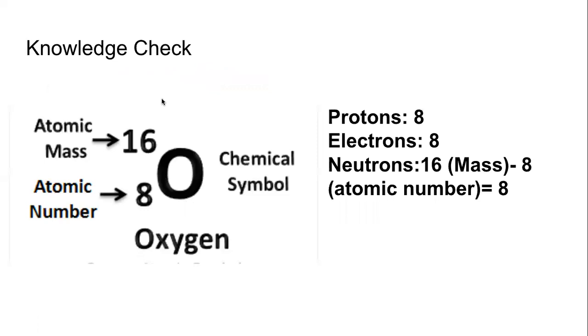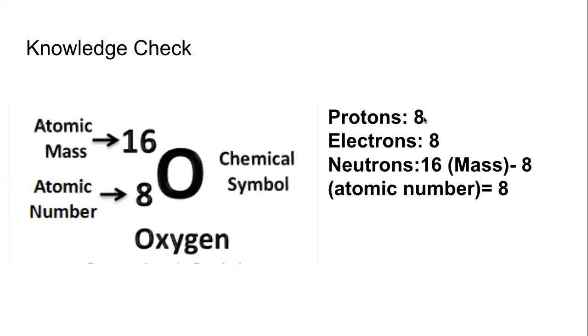So let's do a knowledge check. Here we have our oxygen. The chemical symbol is O, and we want to know how many protons, electrons, and neutrons are in this atom. So again, the atomic number equals the number of protons and electrons. The atomic number for oxygen is 8.